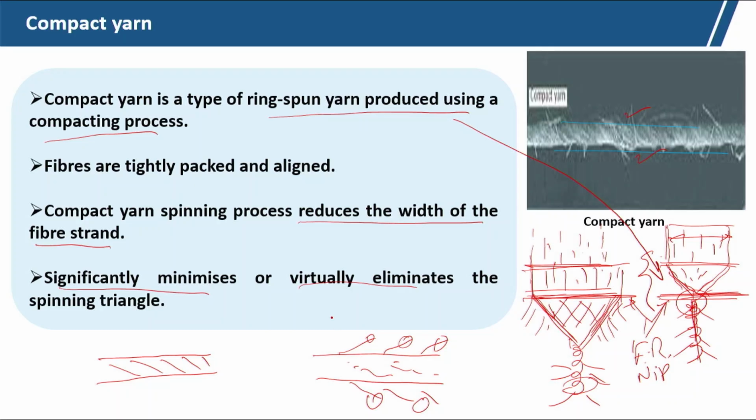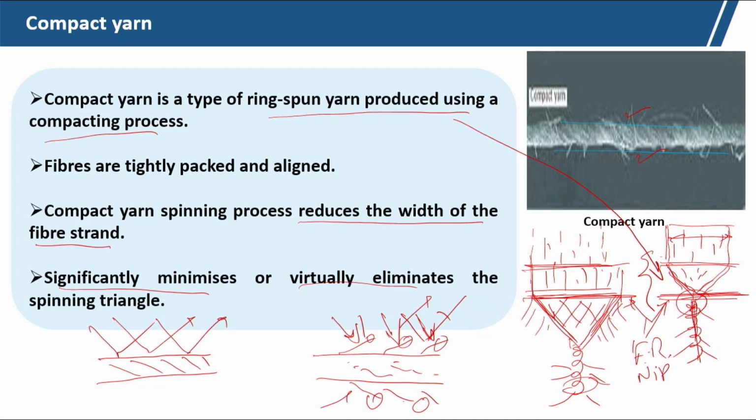Second is that you can see here the light when it falls, it will get scattered from the hairs. These hairs will scatter the light. So, light will get scattered, but here as the hairiness is almost absent, the light will have almost regular reflection.